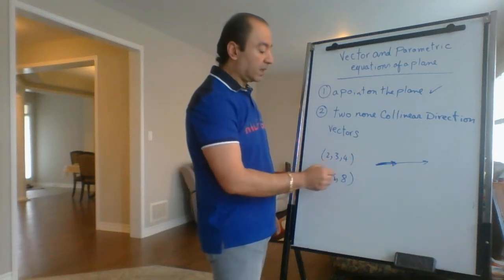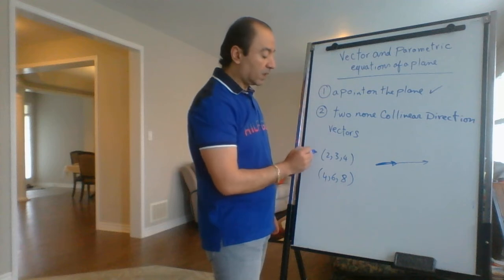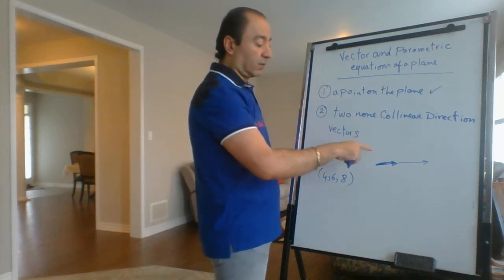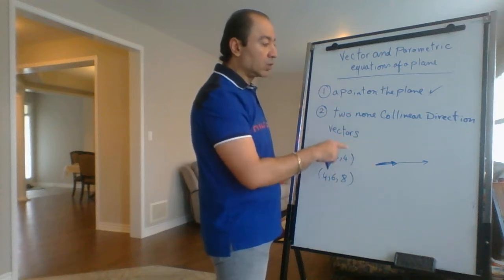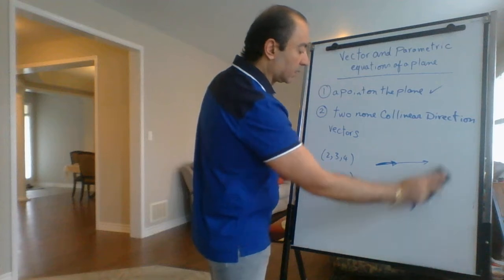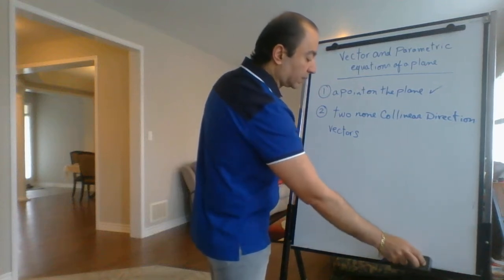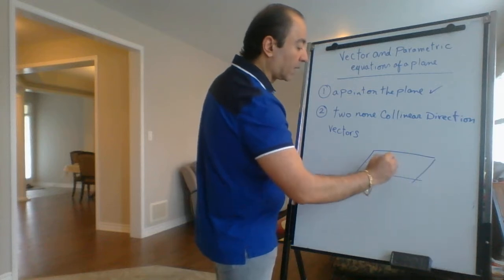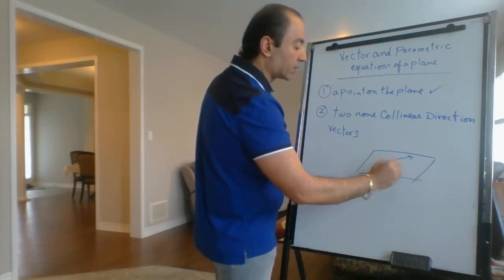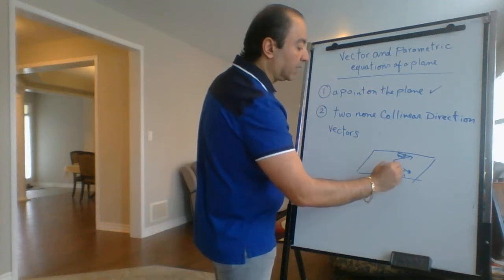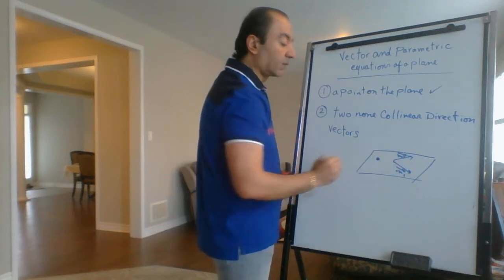Scalar multiples are considered 1 direction vector. So we cannot use 2 collinear vectors. It must be 2 vectors that are not collinear. So in order to find the equation of a plane, we need 2 direction vectors, m1 and m2, and we need a point on the plane.